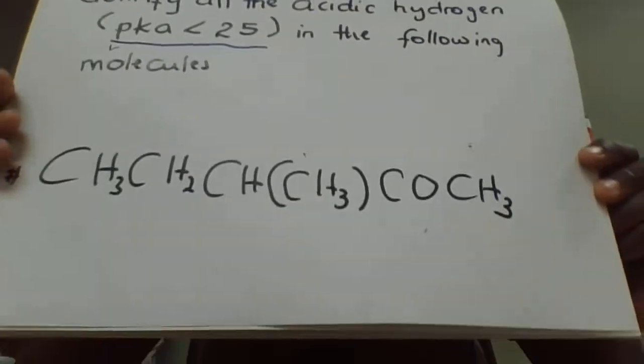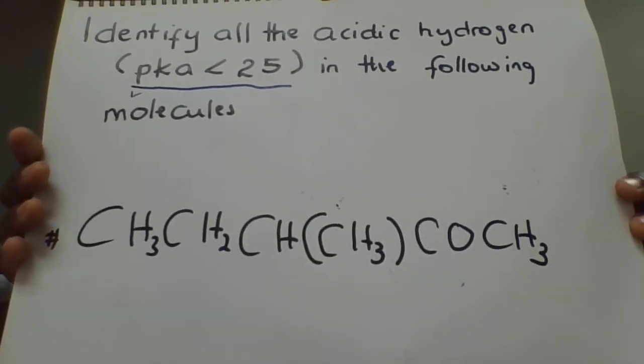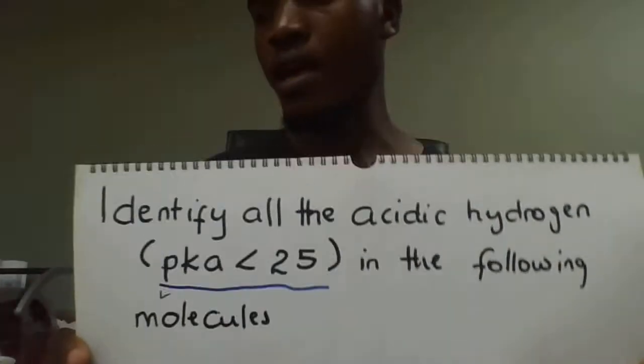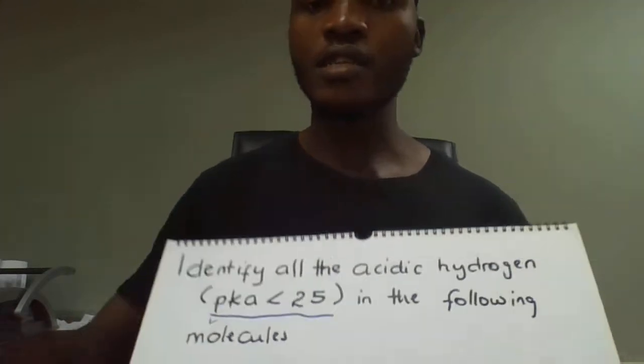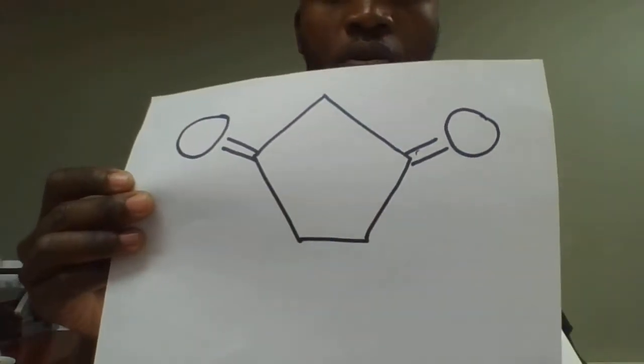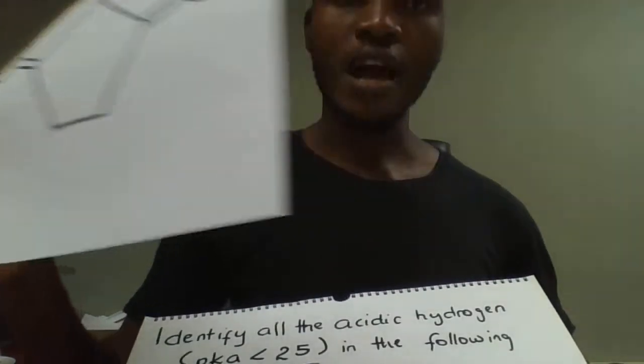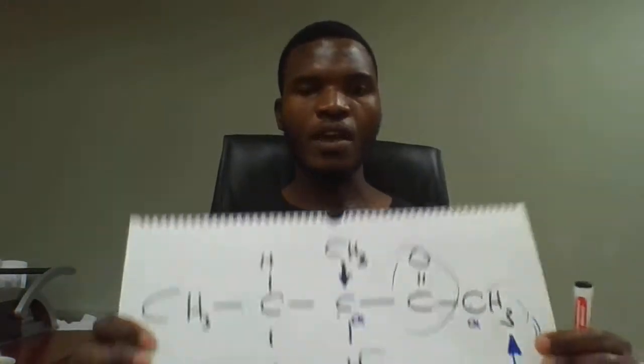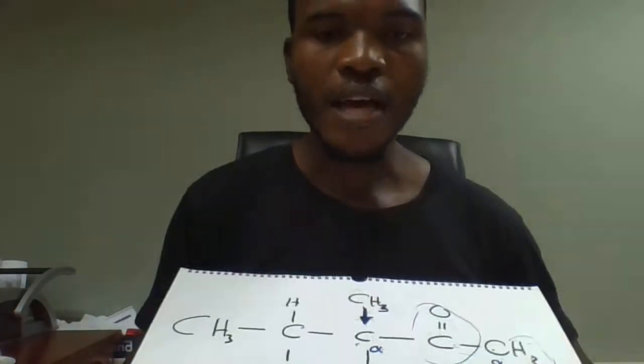So the first question, this is the molecule that we have. And the second question, the second molecule, is this one. So we have to figure out the alpha hydrogens. To begin with, I'm going to emphasize the idea of the pKa value and also the Ka value, which is the acid dissociation constant.